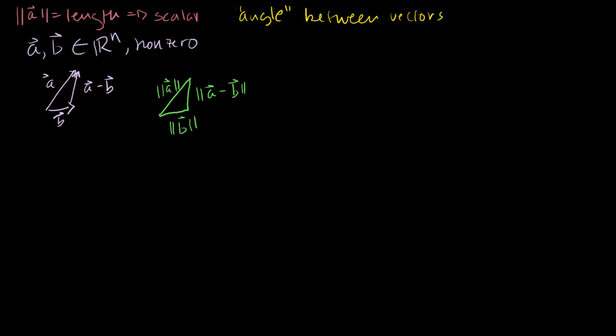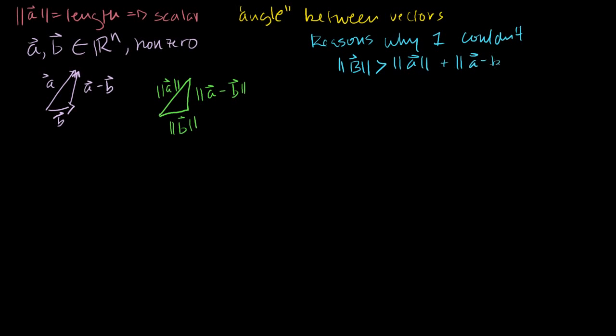So let me write reasons why I couldn't make this construction. Well, what if the length of vector b was greater than the length of vector a plus the length of vector a minus b? In 2 dimensions, I could never draw a triangle like that, because this length plus this length would be shorter than this thing right here, and so you could never construct it.